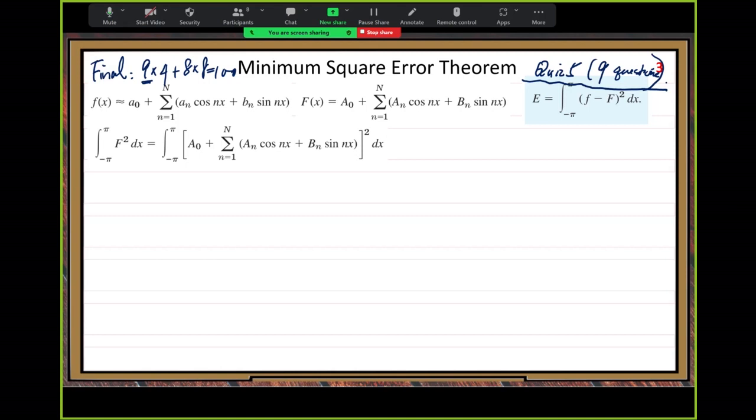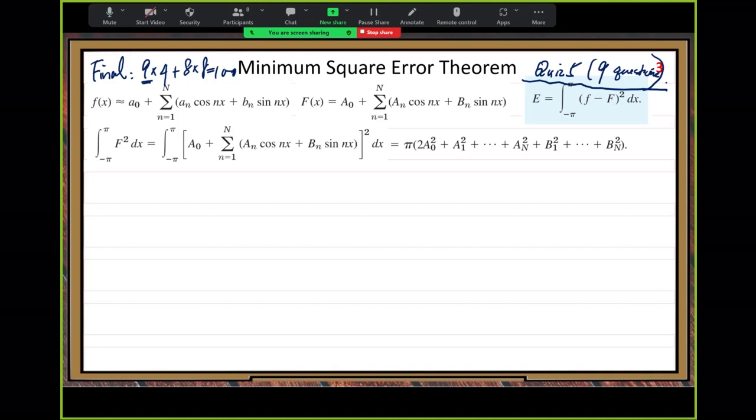Remember from the previous slide, by the orthogonality, we know all the cross terms are 0. So we only keep those terms, one function times itself. Those terms are non-zero. So that gives us the a0 term times itself, non-zero. Then you take the integral from negative pi to pi, so you get pi times 2 capital A0 square.